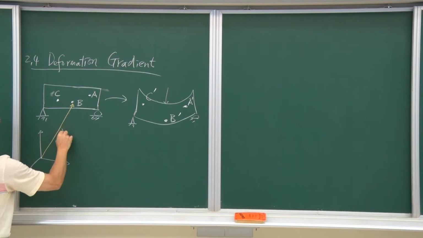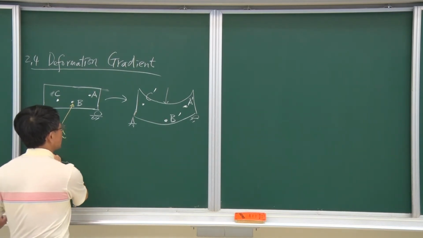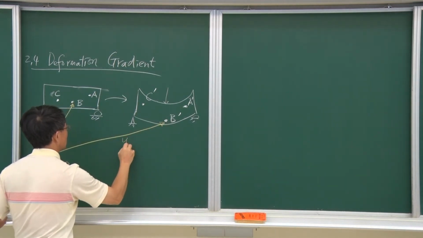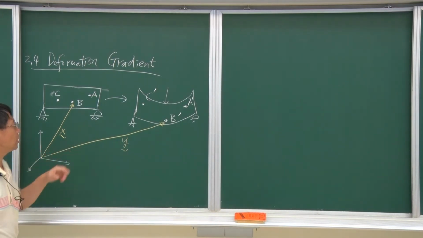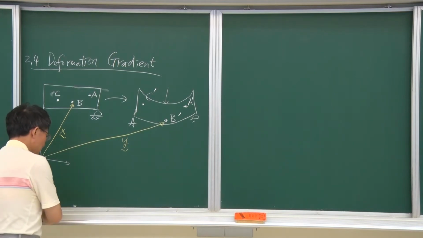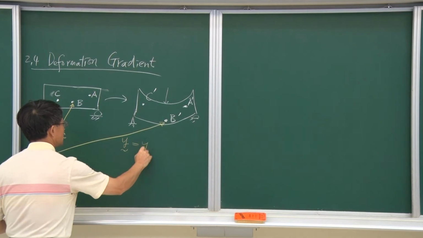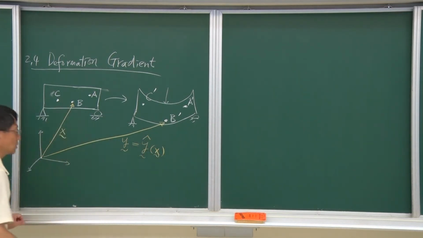For every material point, we give it a position vector. Okay, this is the undeformed coordinate. This is the deformed coordinate. Okay, we talked about this before, so I just use the notation from before without explaining it again.